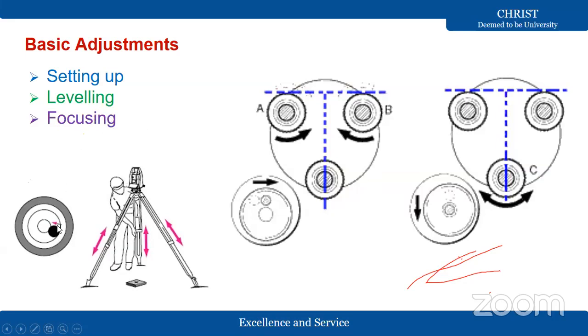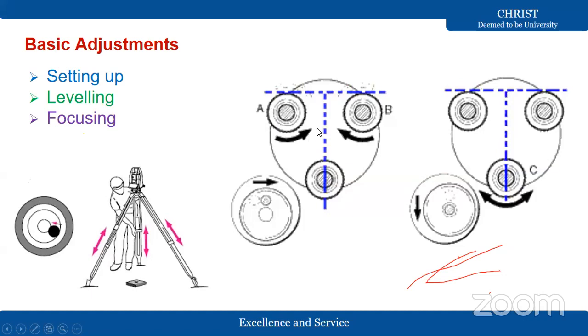For leveling, you have a spirit level like this. The spirit level has to come to the center. For leveling, there are 3 foot screws attached to the tripod, and you operate these foot screws in 2 different directions. First, fix the telescope parallel to any 2 of the foot screws, whether these 2, or these 2.